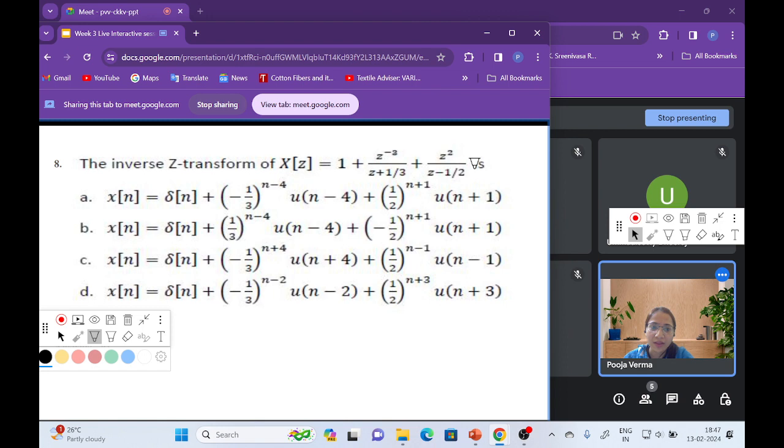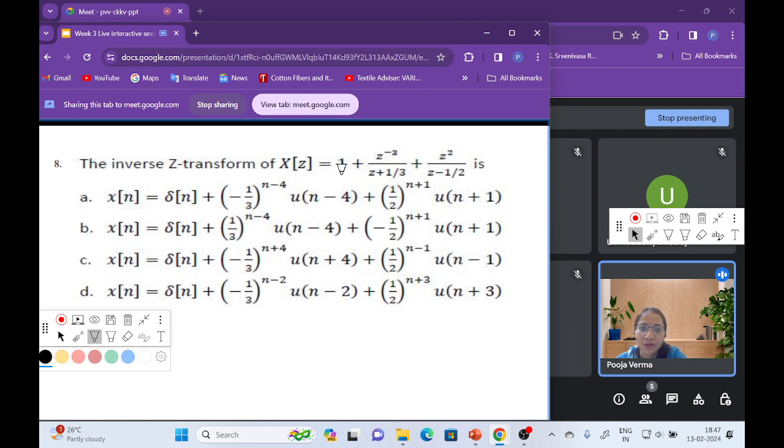There are three methods for finding the inverse z transform. You can find it in any way. If you know directly what the answer is, otherwise you can use partial fractions or the long division method also. So we are going directly here.